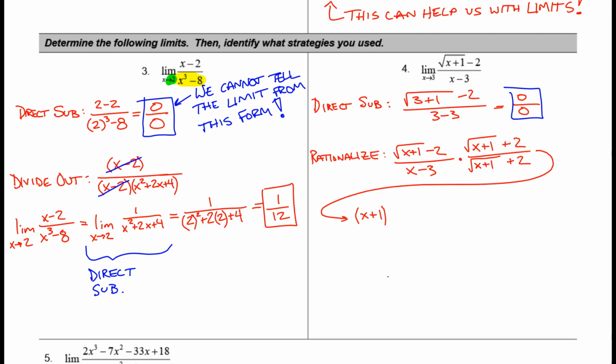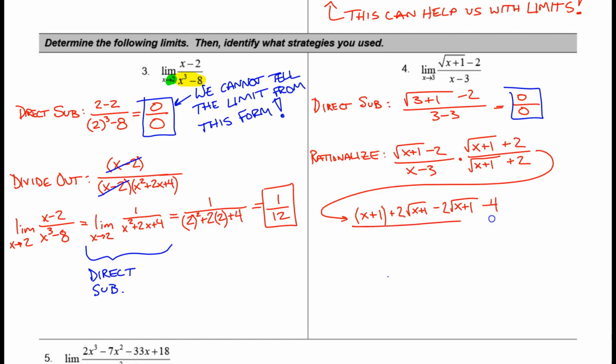So that's going to give me 2 times the square root of x plus 1. Now I have to do the inner terms, this negative 2 times the square root of x plus 1. So that gives me negative 2 times the square root of x plus 1. And last but not least, the last terms, negative 2 times positive 2, so that's minus 4.